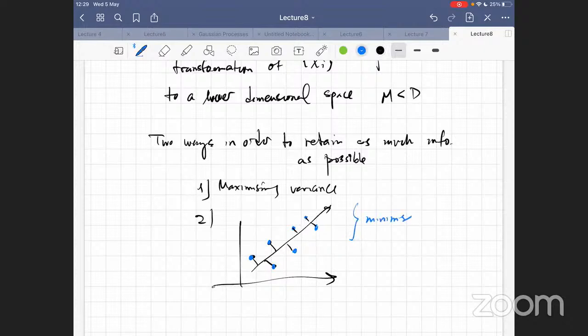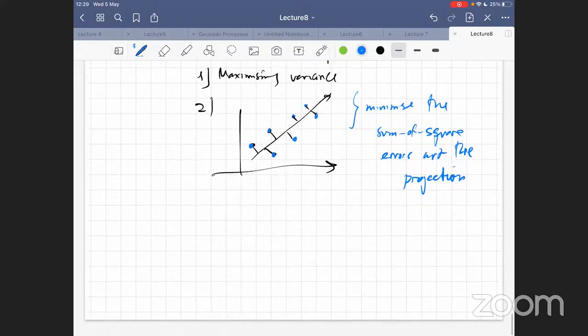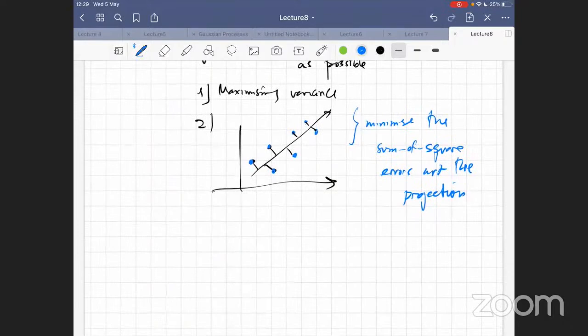So I want to minimize the sum of the square errors or distances with respect to the projection. But here I'm following the first method, so the formalism is the following.